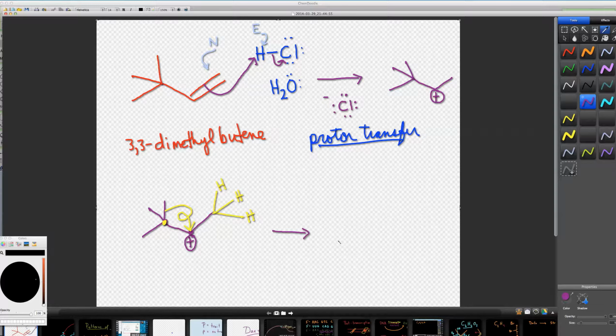This scrambles the carbon skeleton. It's now more highly branched than it was before. And notice I have a more stable carbocation intermediate. Of course, we term this mechanistic step as a rearrangement.